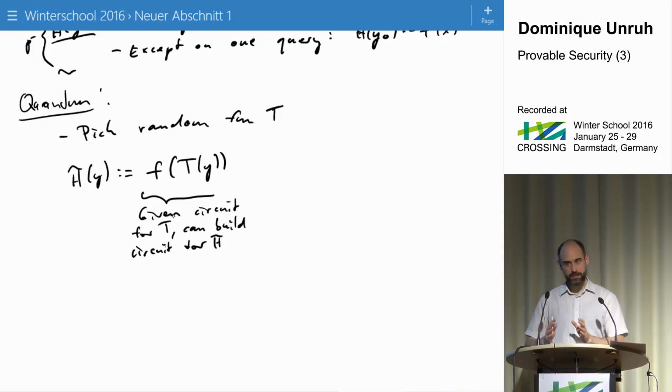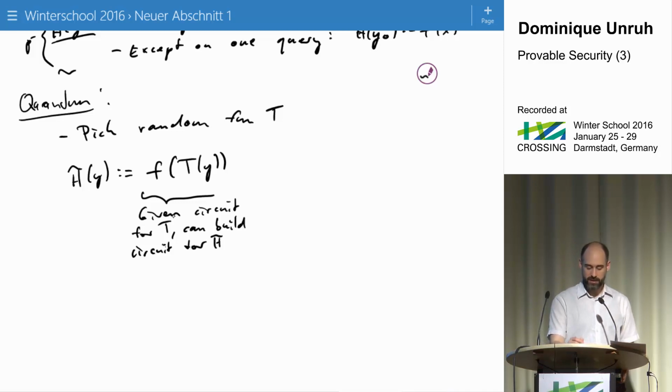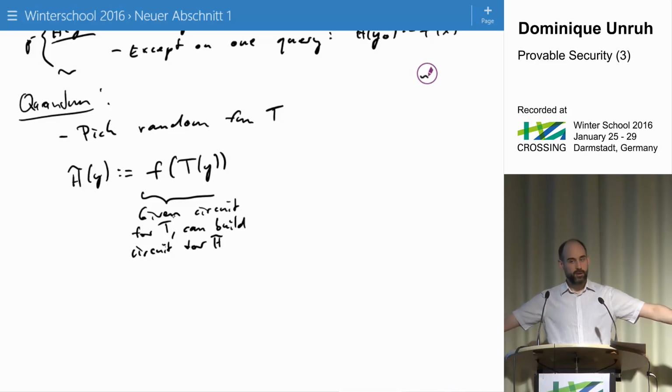In the beginning we specify the dependence of the values of h tilde from the values of some random function t, and this samples the whole oracle in one go, and that's possible.